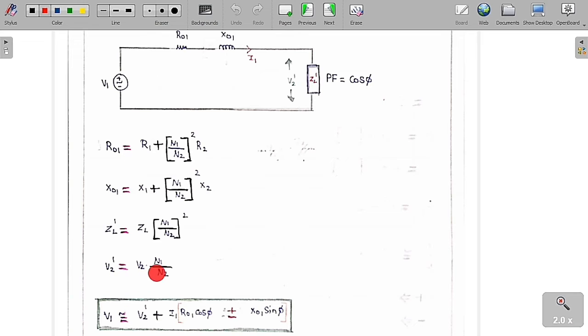Even if you don't remember this, just do the multiplication of I1 into ZL dash, you are going to get V2 dash. So this is the circuit diagram we get if we refer back to the primary side. This is the current I1.